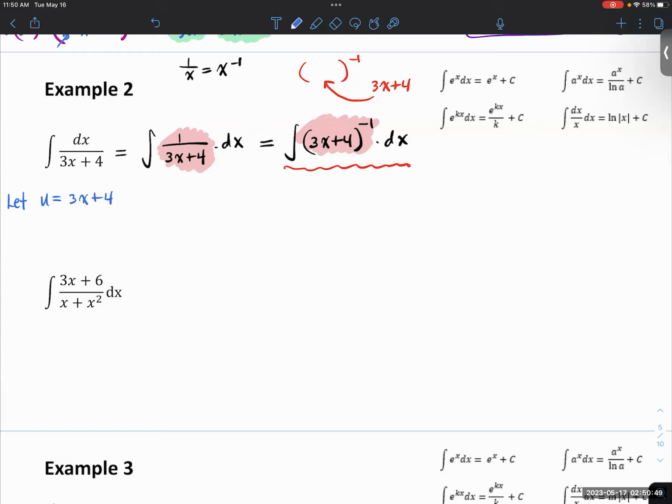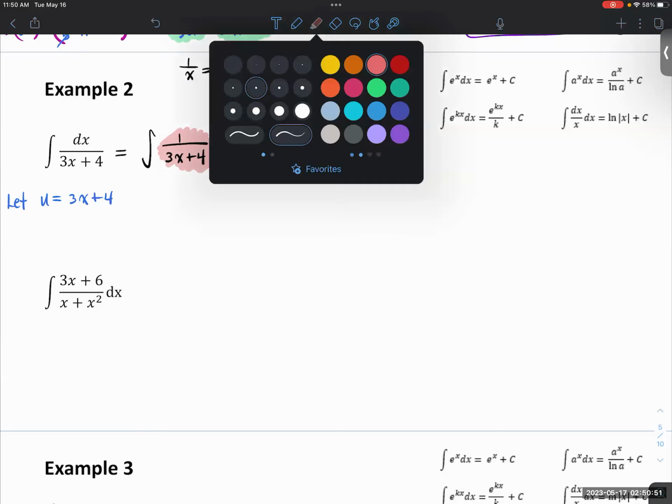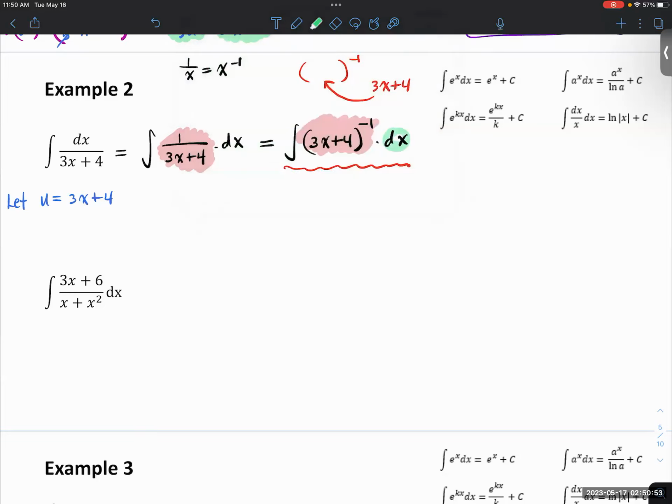And then you're going to find out what dx is, because I don't see anything except dx. So du over dx is equal to 3. So du is equal to 3 times dx.